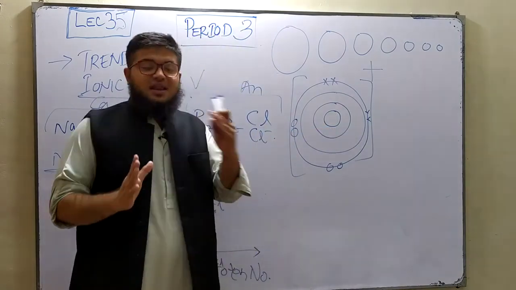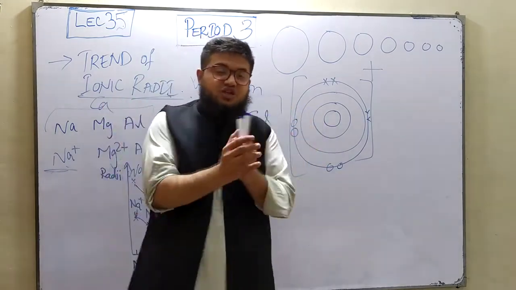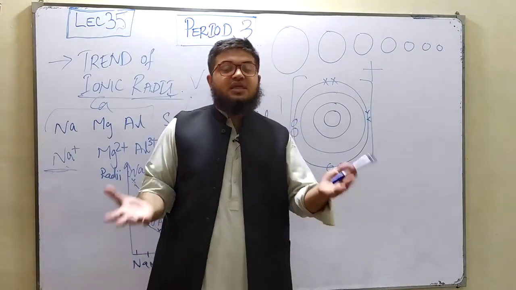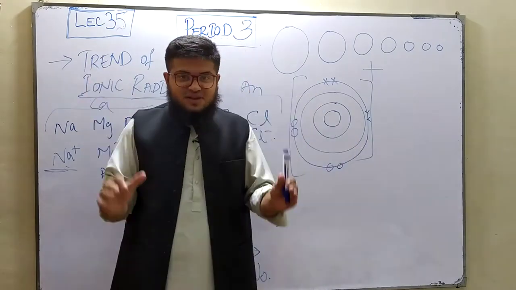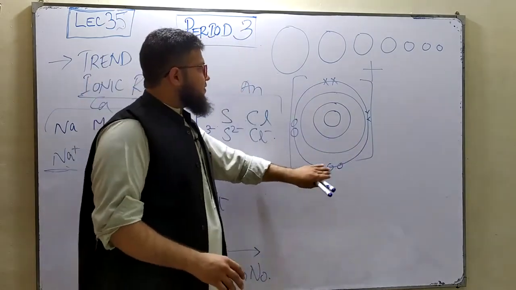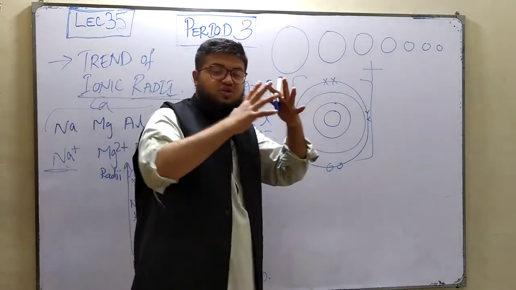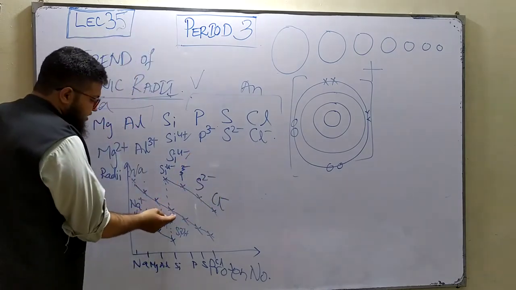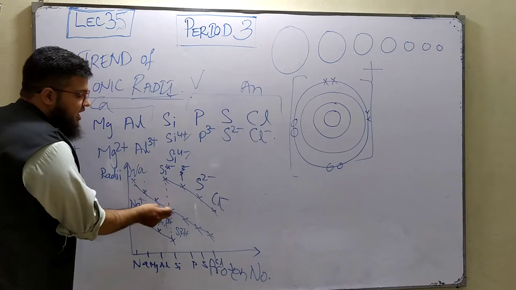If the electrons and protons are equal, they experience a certain amount of attraction by the nucleus. But if the electrons become more than the protons in the nucleus, then this effective nuclear attraction is distributed and becomes even lesser. So the nuclear attraction is going to become weaker on all the electrons, and the electron density will expand, and as it expands, the Si4- ion will have a larger radius than the Si atom.